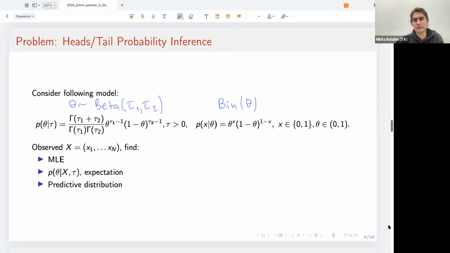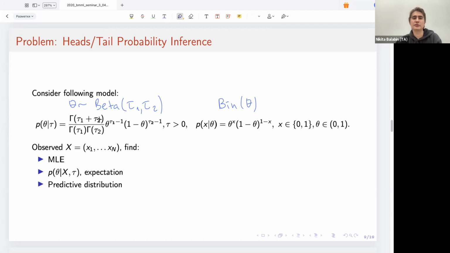And why do we choose such a prior? Because we want some functional matching between likelihood and prior, because we understand that then the posterior distribution will be achieved more easily.